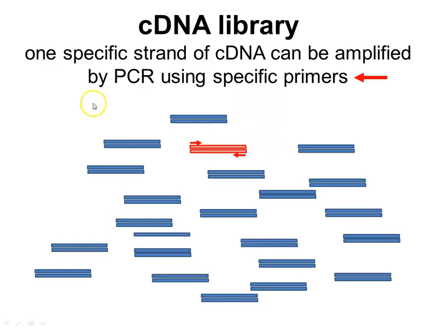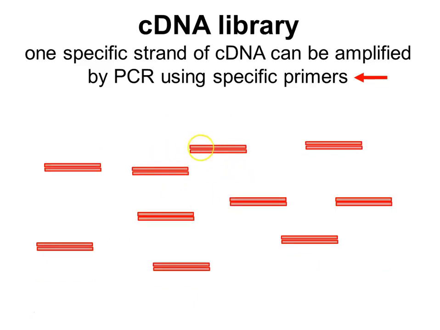If we're using specific primers, we can amplify up one strand of that cDNA that's present within our library and create a large number of different copies. This is the mechanism behind which reverse transcriptase PCR and real-time PCR then works, by amplifying up a specific sequence.